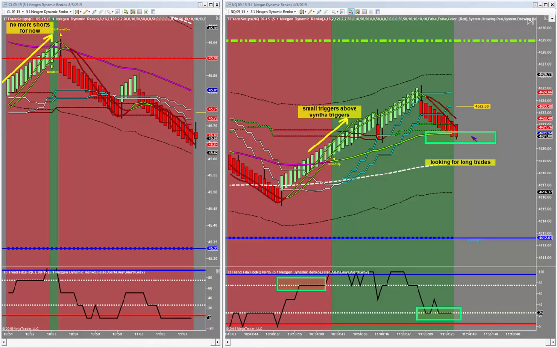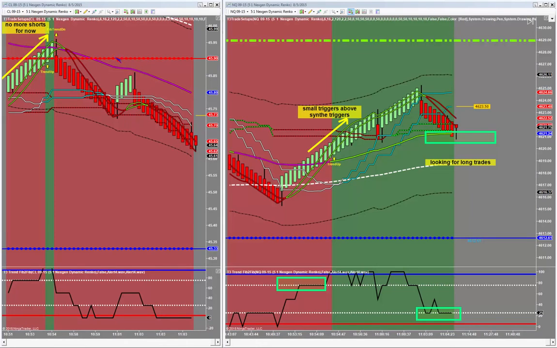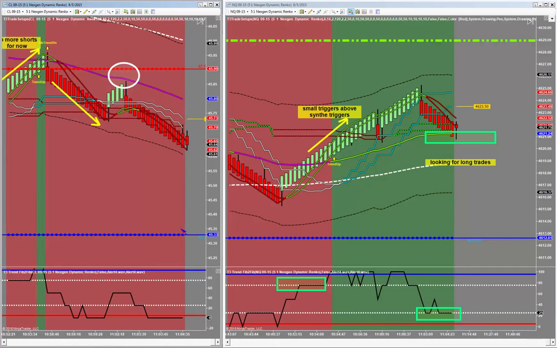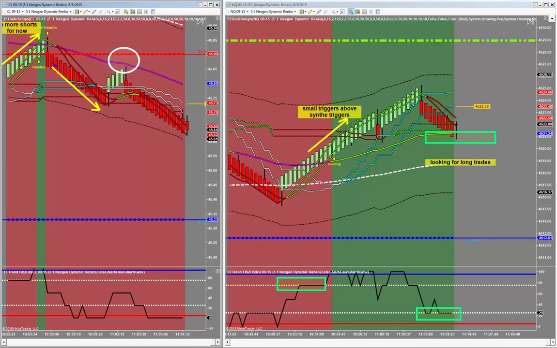All right, so when are we going to say no more long trades? And you guys can see on crude oil, small triggers got back down below, and the market's still going down, which is not surprising, which means what? We're going to support.